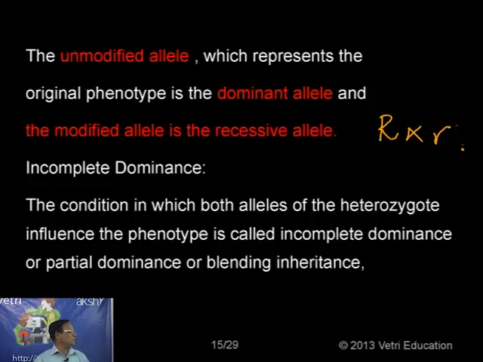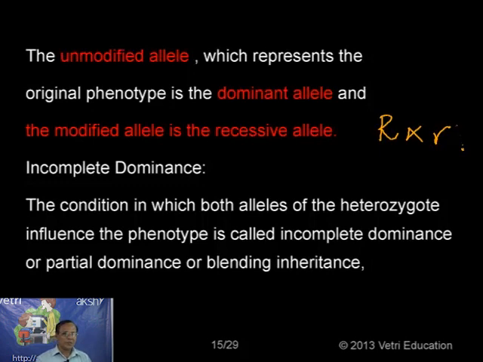Now, what is incomplete dominance? Incomplete dominance is also called blending inheritance because we have the blending of the two factors. It is also called partial dominance because we are getting an entirely different character, not a complete one. Complete dominance is not possible in this case.